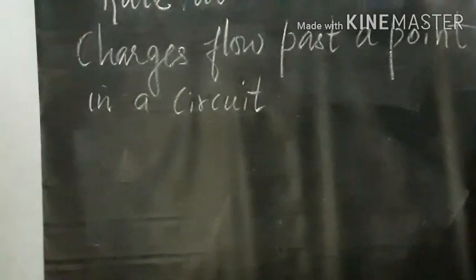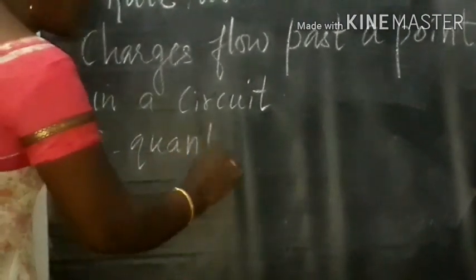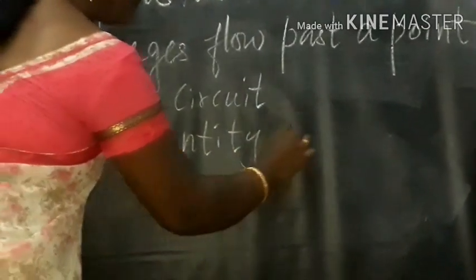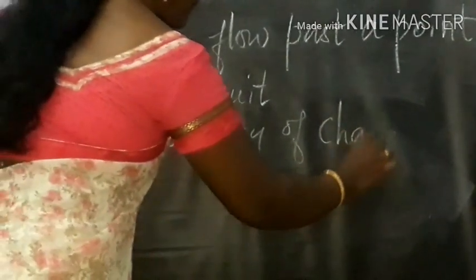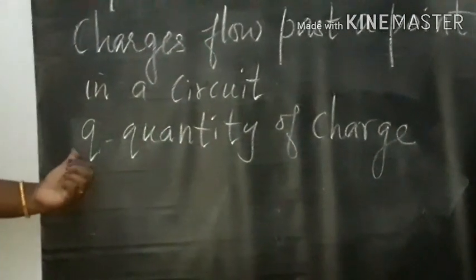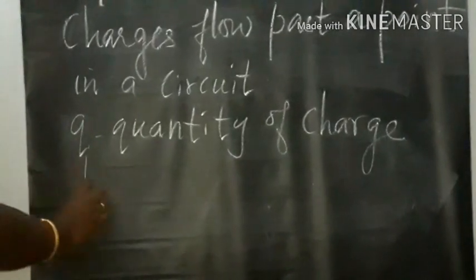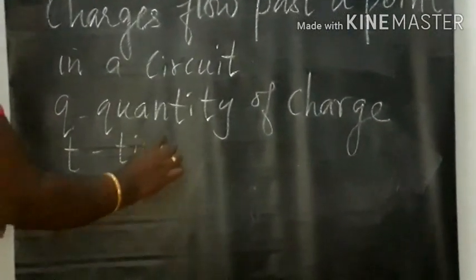Let us consider Q as the quantity of charge. Q is the quantity of charge passing through a cross section of area of a wire at time t.